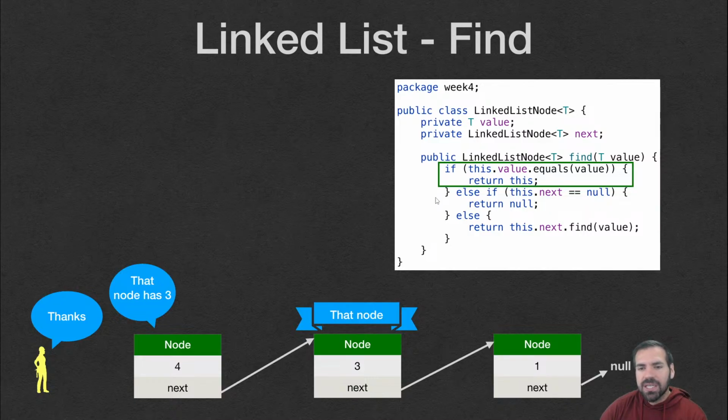If these two checks are reversed, if you're saying if this.next equals null, return null, else if, check for the value, that's a big mistake, because if the value you're looking for is in the last node of the list, that last node never got its value checked, and you're going to return null. You're going to say, no, it's not in this list. So make sure you're careful with the order of these checks to make sure that the last node is being processed properly. And that's usually going to be one of the features I ask for.